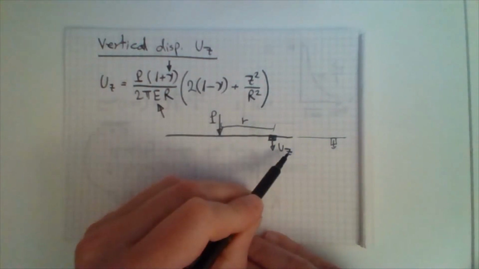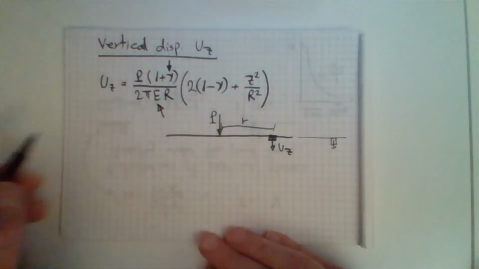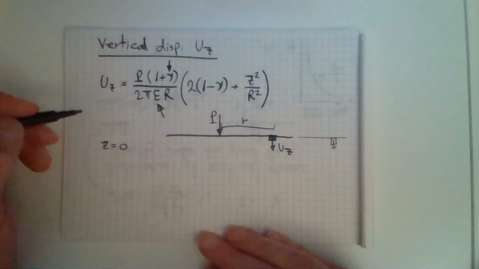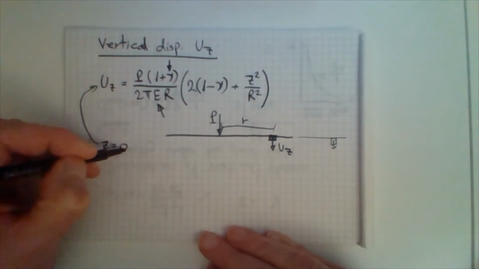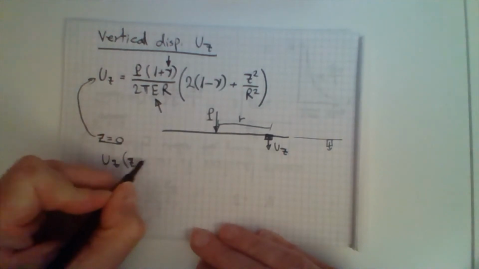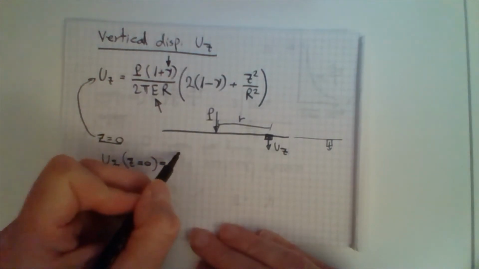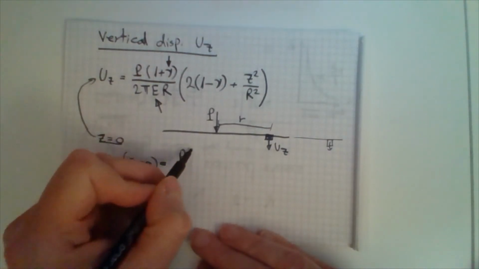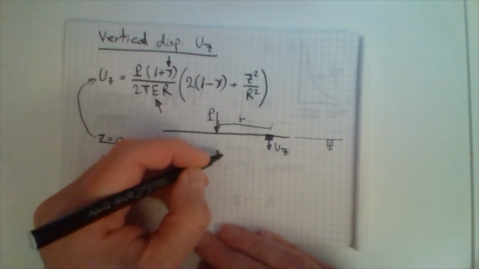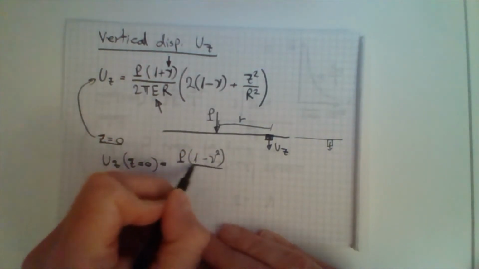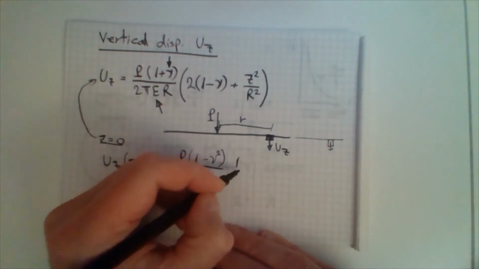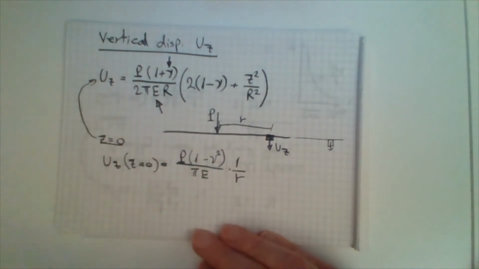And to calculate this specific case is done simply by inserting z equals 0 into the above expression, and we end up with uz for z equals 0 to be P, the magnitude of the force, times 1 minus Poisson's ratio squared divided by pi times Young's modulus, and then this is multiplied by 1 over r.